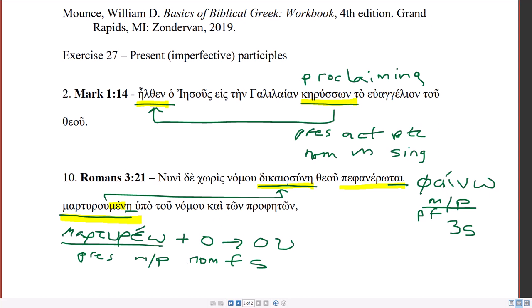We have this righteousness of God revealed, and that is being witnessed. So we have an adjectival participle, and it is acting attributively. So going through this, and now, apart from law, a righteousness of God has been revealed, being witnessed by the law and the prophets. Very important verse.